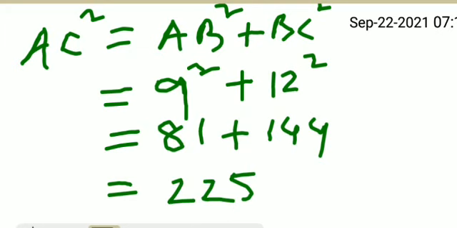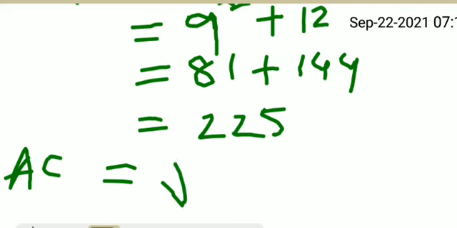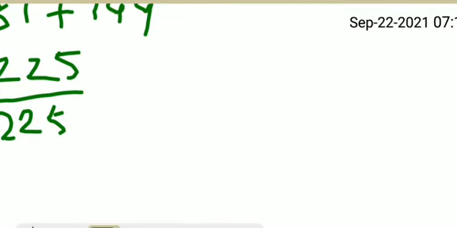AC square equals 225. Therefore AC will be root over of 225. For the square root of 225, you can do the prime factorization of 225.